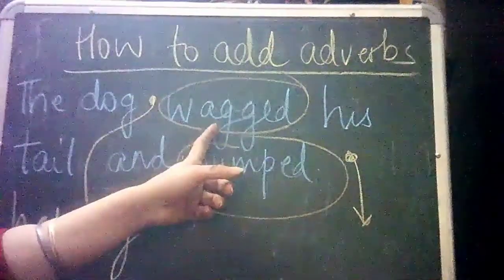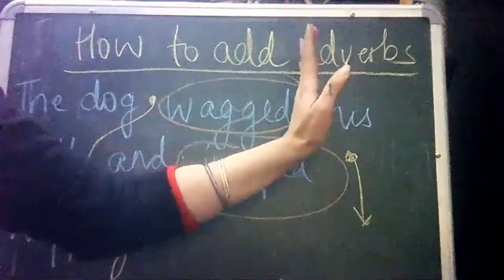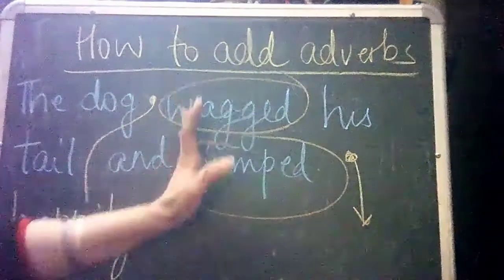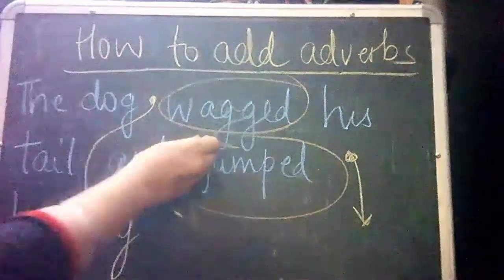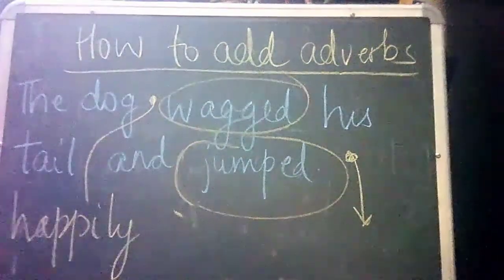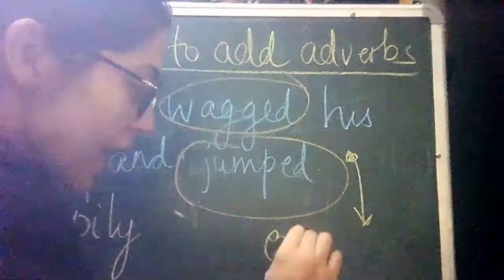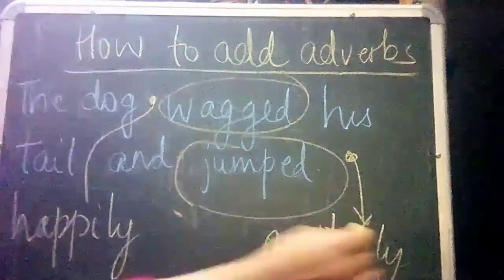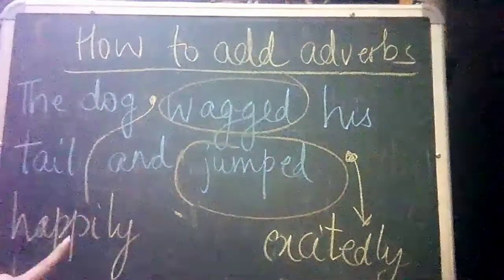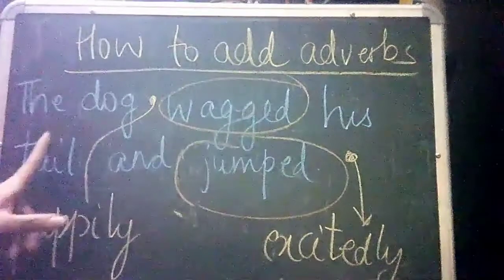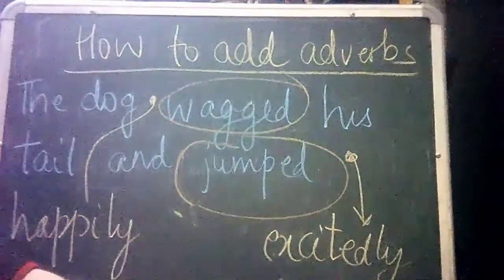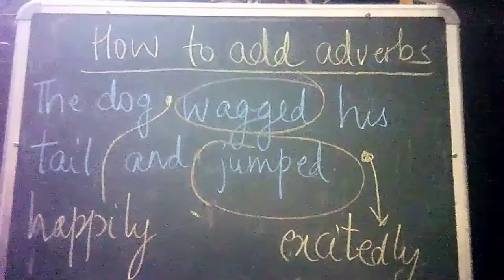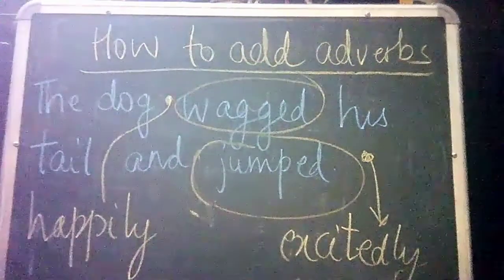Earlier I was modifying his tail, how did he wag his tail. Now you can also write, the dog wagged his tail happily. Possible. Here, and jumped excitedly, you will have excitedly written after jumped only, not before jumped. The dog happily wagged his tail and jumped excitedly.